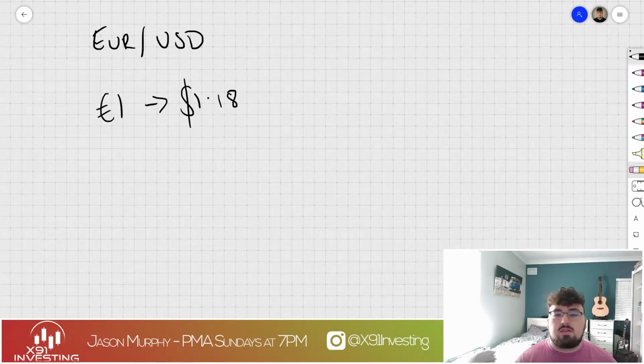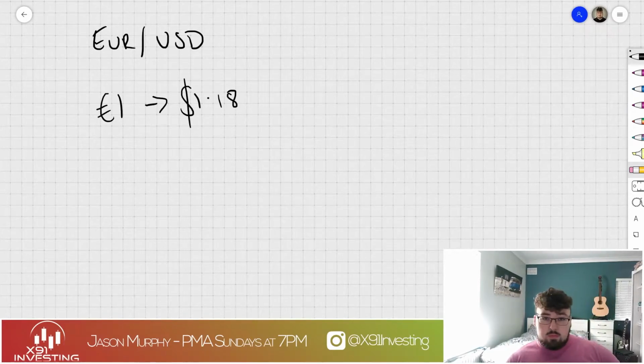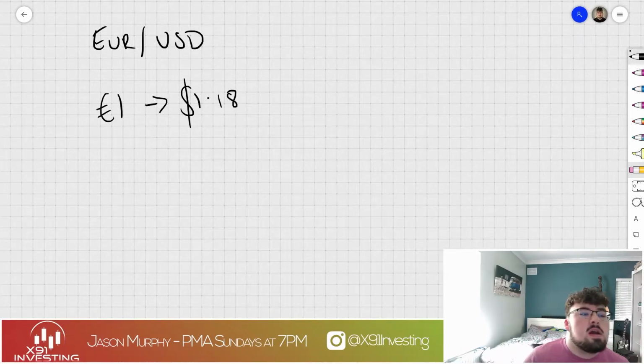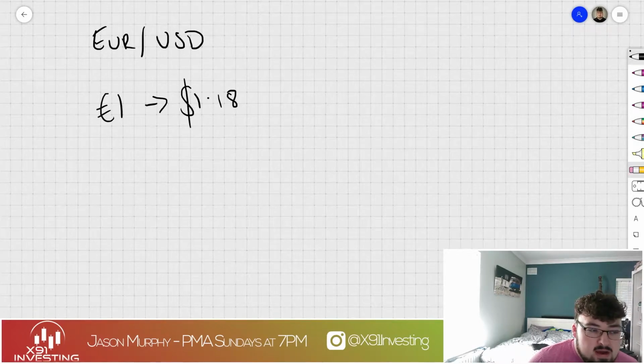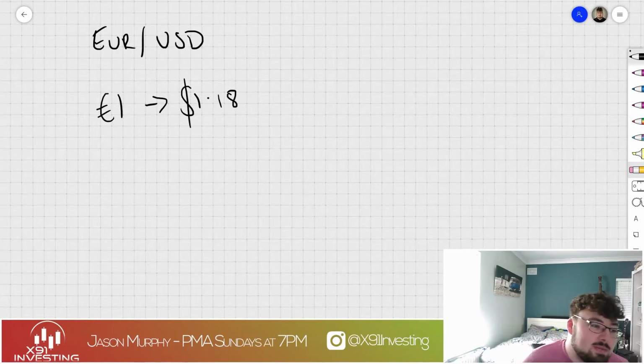If you're doing pound to yen, it's 140, 150 yen to the pound. So we have £1 is equal to 0 point whatever or 1 point whatever. We'll get into it in more detail.